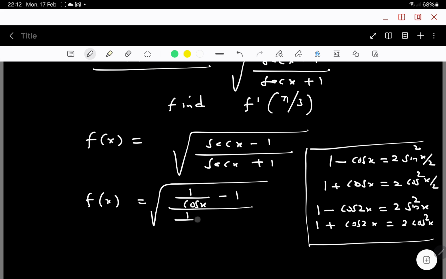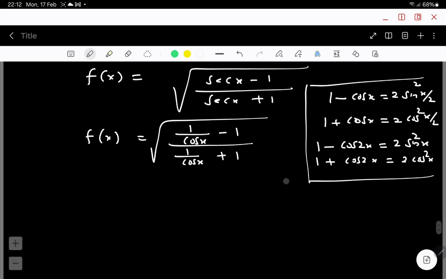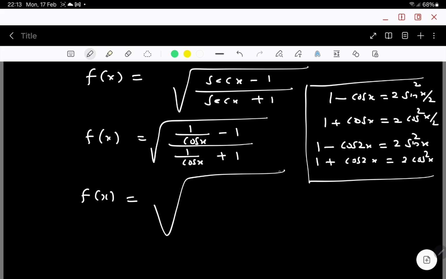By 1 by cos x plus 1. So f of x equal to, take LCM. So 1 minus cos x by cos x.